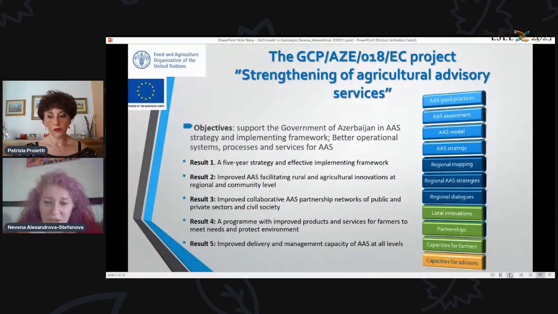We also have, that's the beauty of having a project, beyond the analytical ideas, you can actually implement them and see what is working, what is not. So we have regional activities. We did the regional mapping, as we believe that advisory services have to be context specific. They have to serve the concrete reality in different regions.